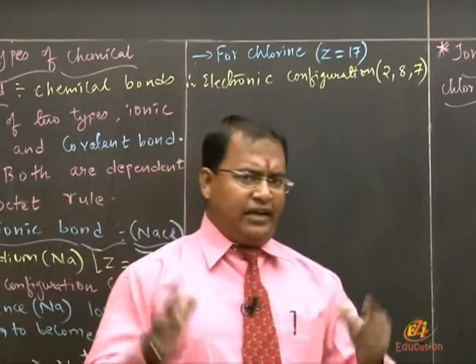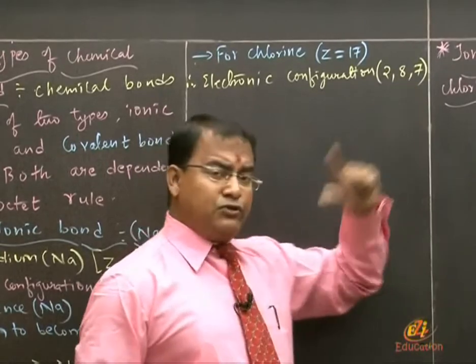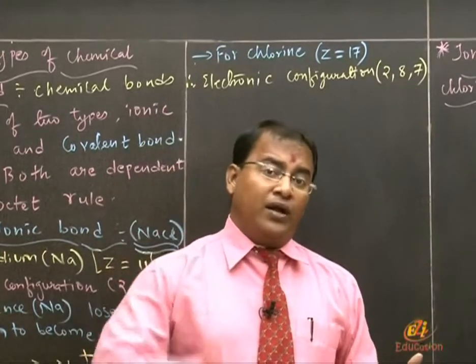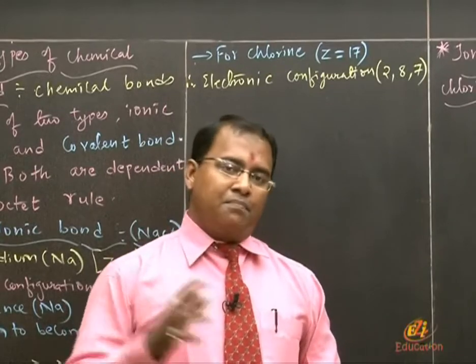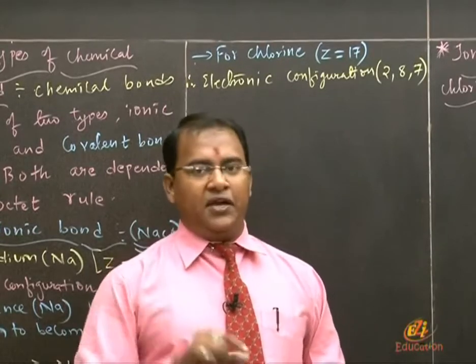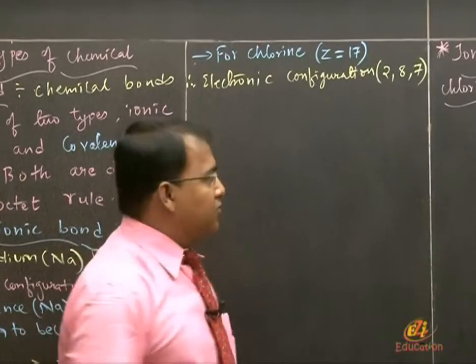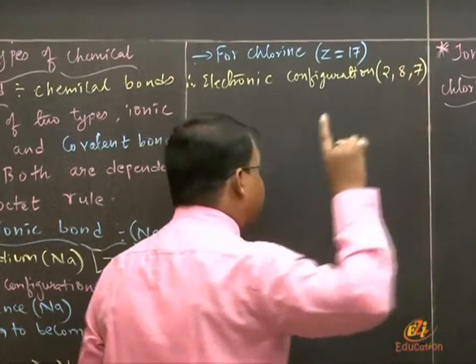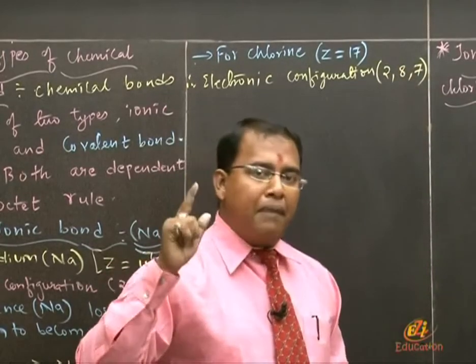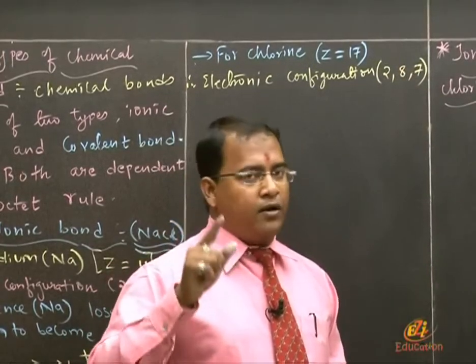Which one will be easier? Losing 7 electrons or gaining 1 electron? Always in comparison to losing 7, gaining 1 is easier. So chlorine will opt for that option, 2,8,8. It will try to become 2,8,8 by gaining 1 electron.